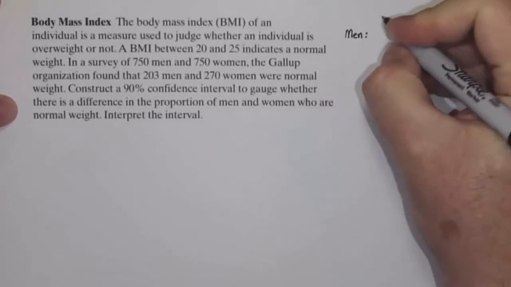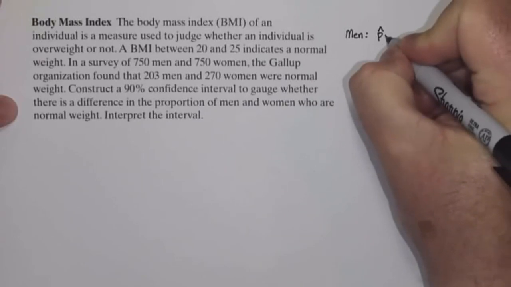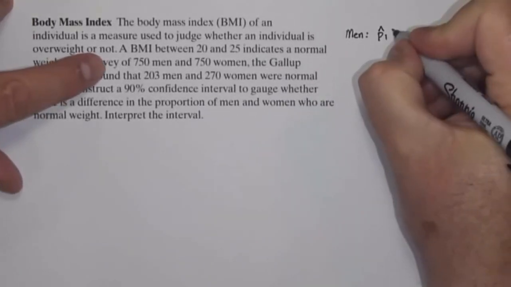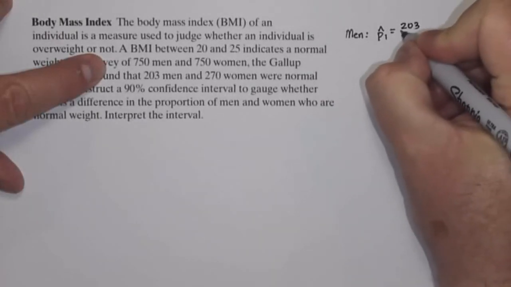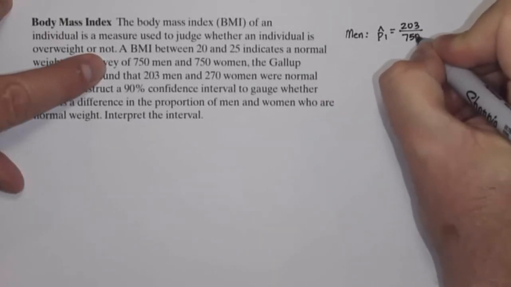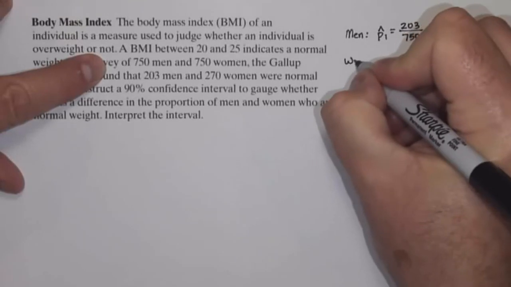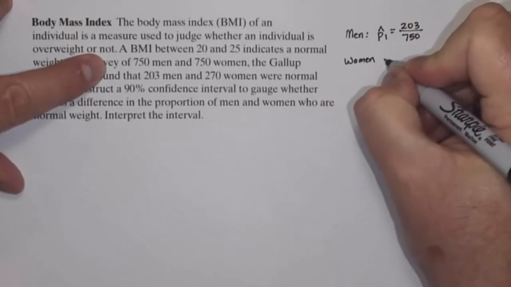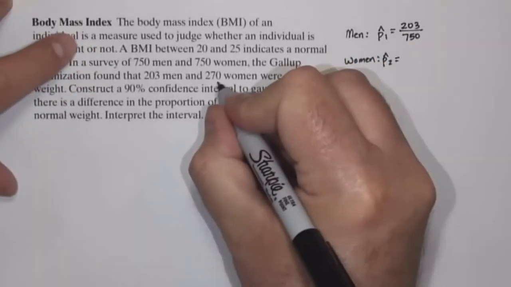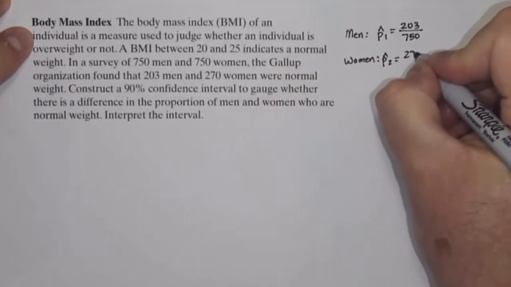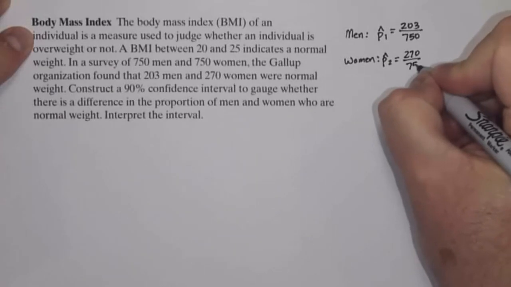If we look at men, which we're going to call p hat 1, the point estimate there is going to be 203 out of 750. And for women, the point estimate there, which we're going to call p hat 2, is 270 out of 750.